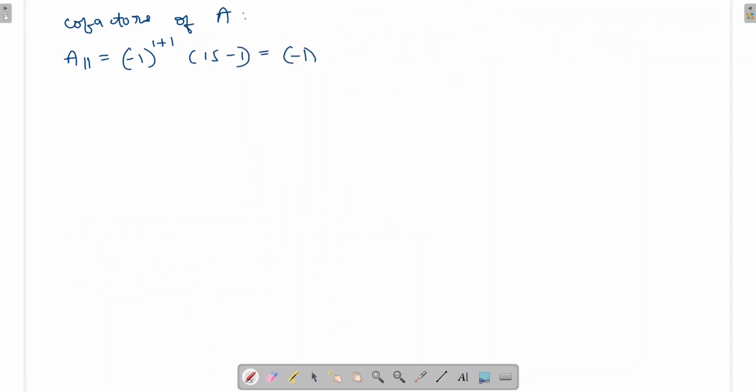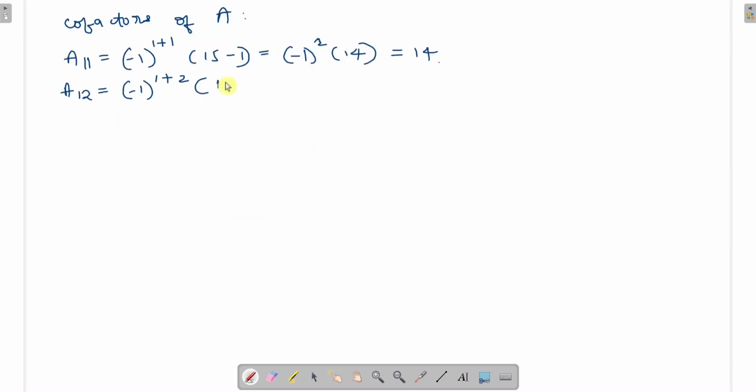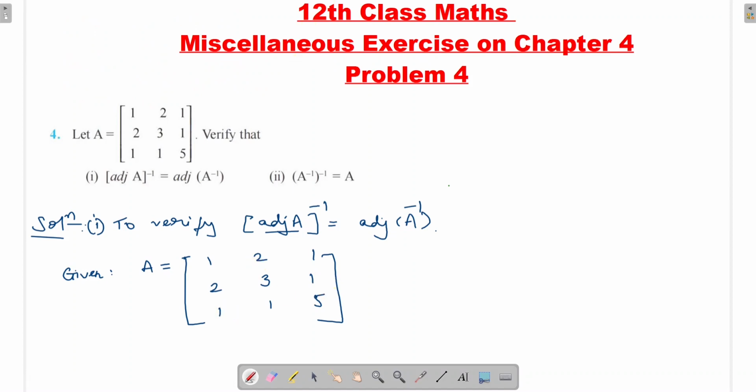So minus 1 raised to 2 times 14, which is nothing but 14. Okay, then A12 is equal to minus 1 raised to 1 plus 2 bracket 5 times 2 is 10 minus 1 times 1 is 1.